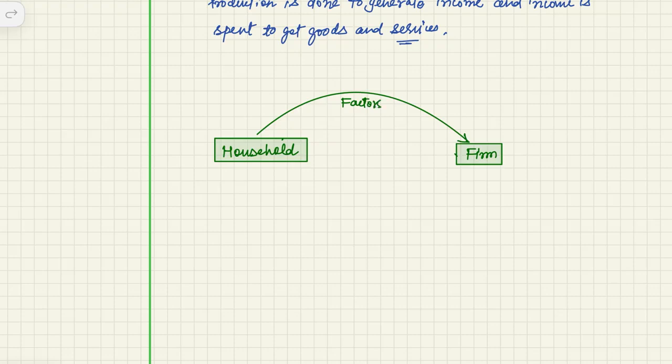Household provides factors to firms, and firms provide factor income to households in return.